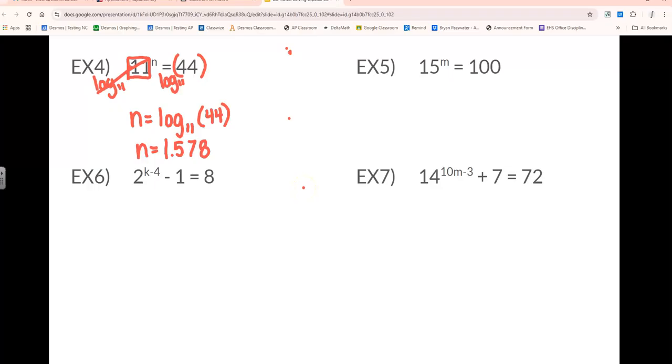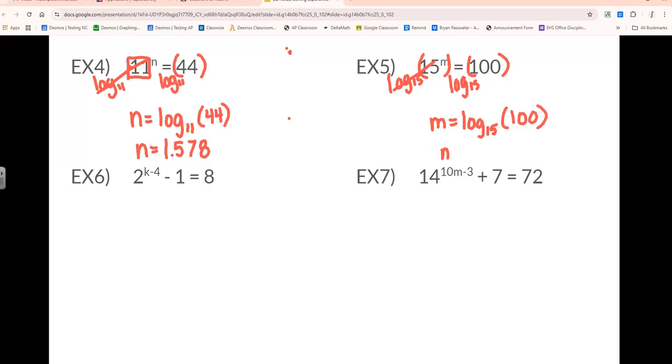All right, so looking at the next one, who could tell me what to do on the next problem? Okay, we're going to do a log with a base of 15 here. That'll cancel out that 15. If I do that to one side, I also have to do it to the other. Perfect.